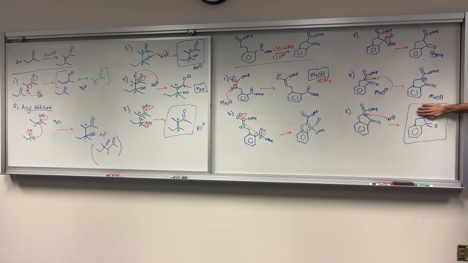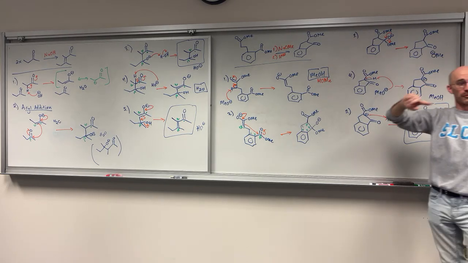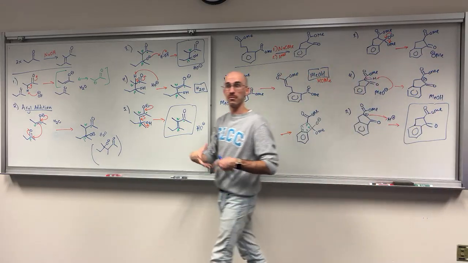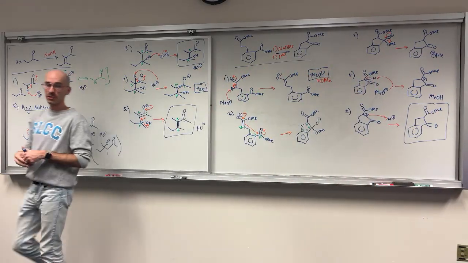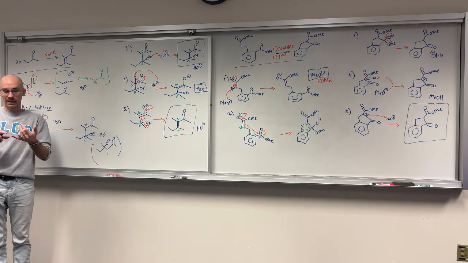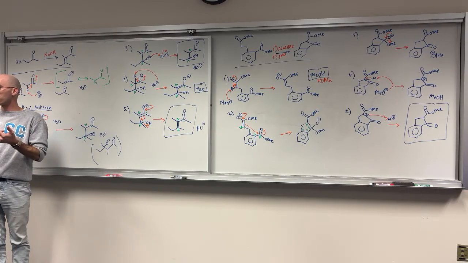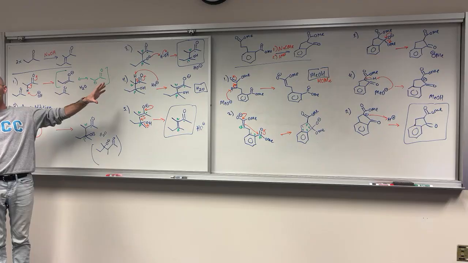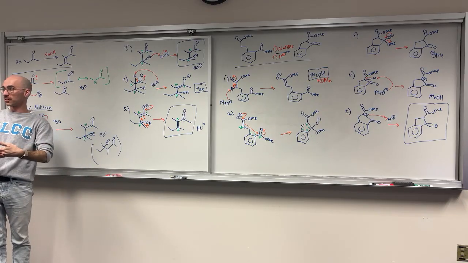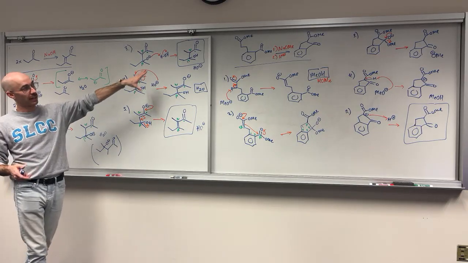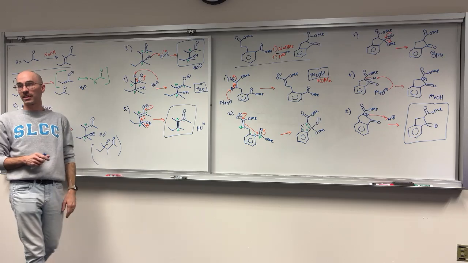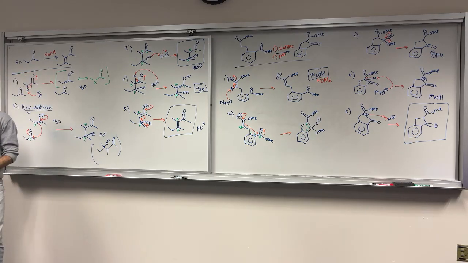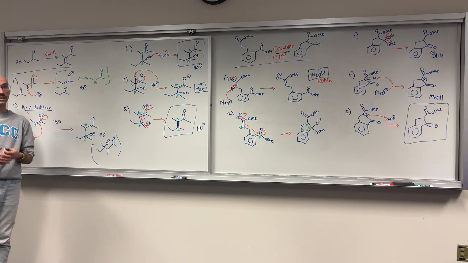And I like to do those in the multi-step synthesis or the roadmap problems on your final as well. I like to have you build structures using reactions like oxidation of alcohols, elimination of alcohols, and then that allows you to create carbonyls that you can do acyl addition, aldol addition, aldol condensation with. That means that you can do Michael addition and Robinson annulation.